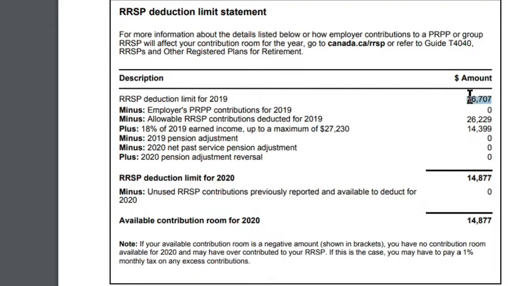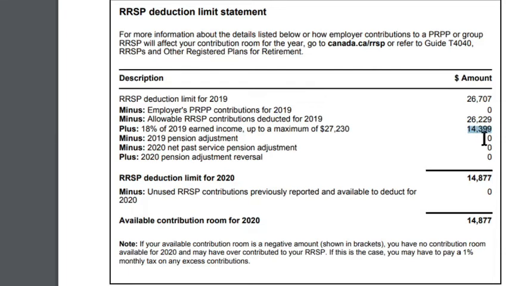So this person had a deduction limit of $26,700, decided to contribute, deposit, and use as a deduction $26,229. So almost everything was used.